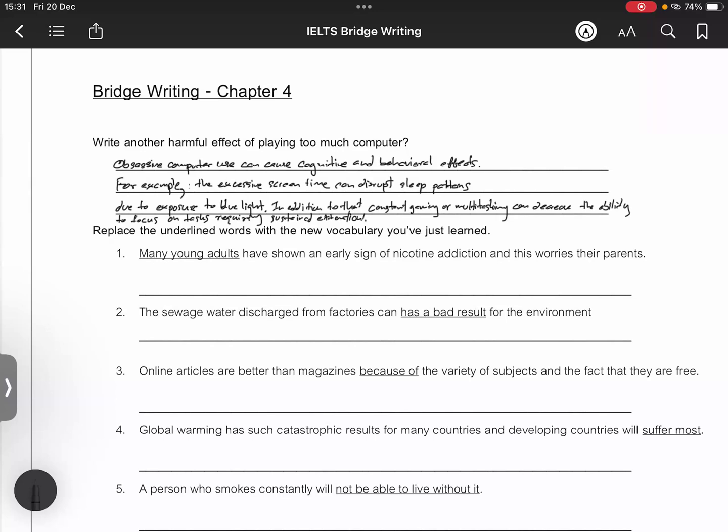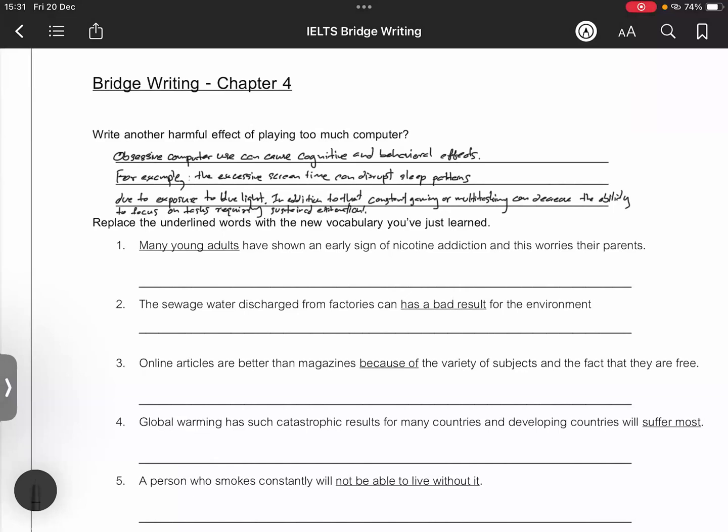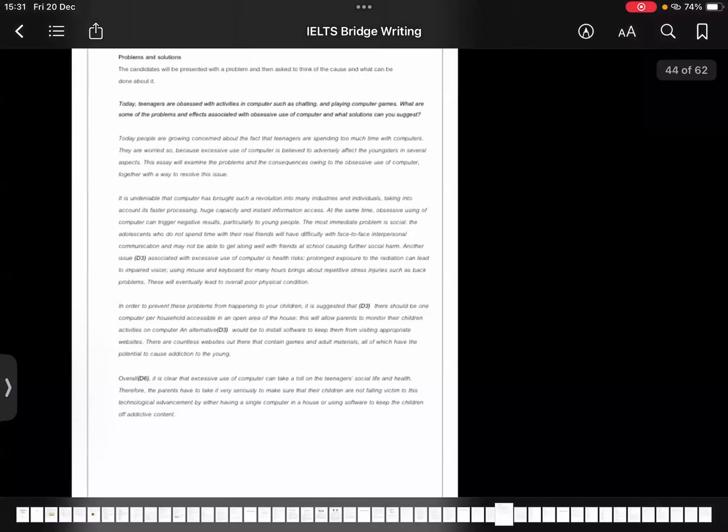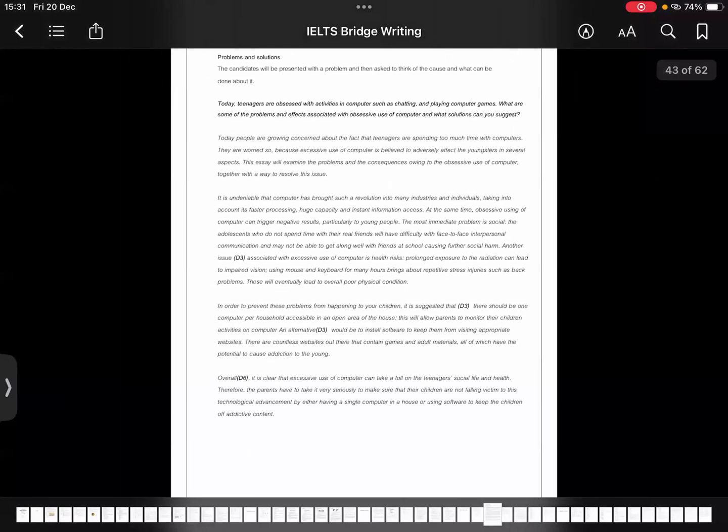So if you look at the previous page, let's see what else means many young people. So we could use words like adolescents.